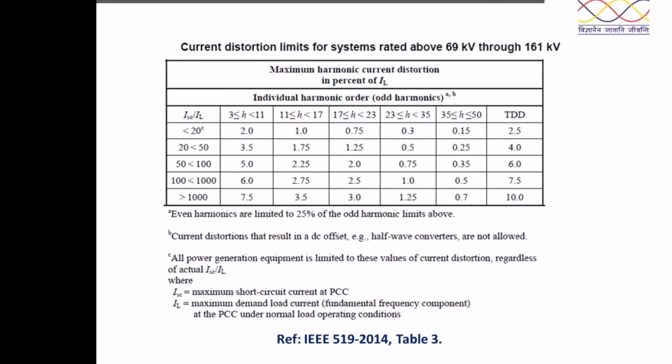One is the cause, the other is the effect. Therefore, whenever you inject more and more current at the higher voltage level, the voltage distortion is going to be there. And when you have higher voltage distortion at the higher voltage, many consumers below are affected. Therefore, whenever it is higher voltage, the current distortion limit is less.